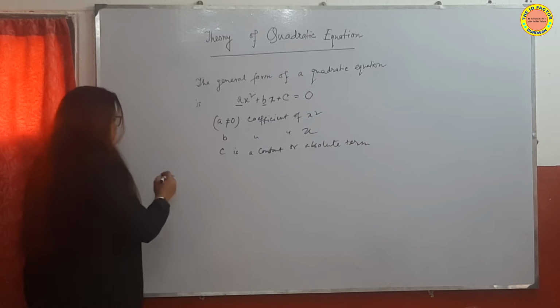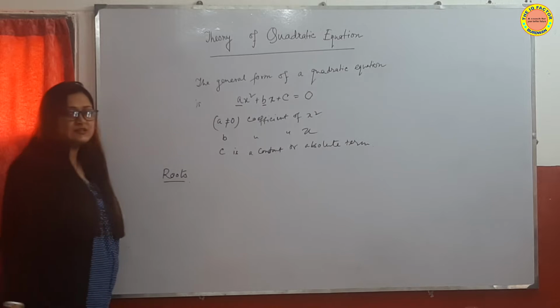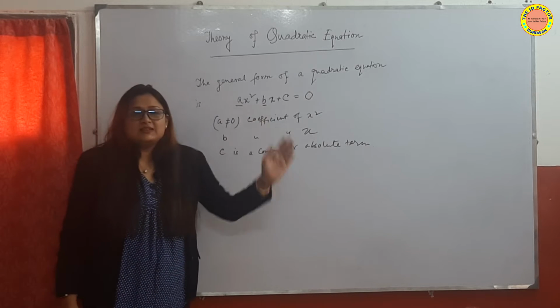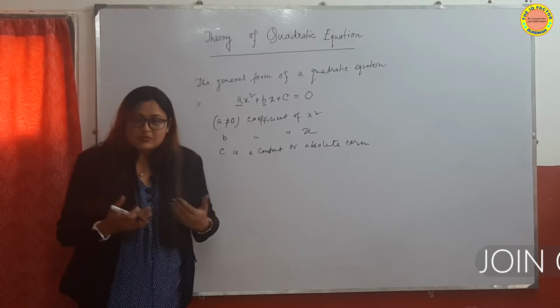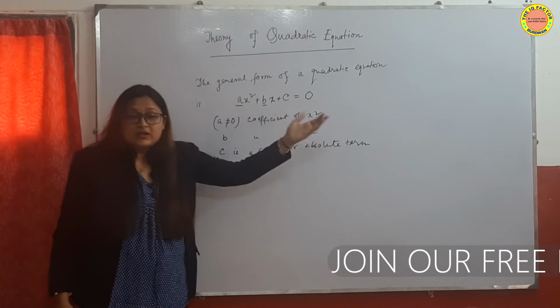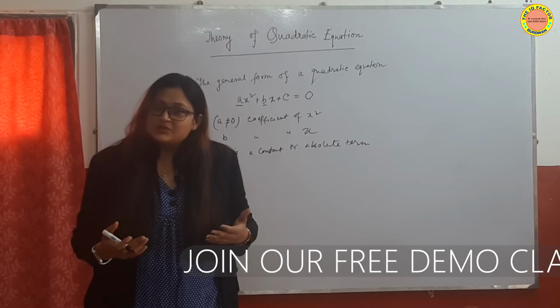Now we will discuss about the roots of that equation. So if the equation is of degree 2, the number of roots will be 2. If the degree of the equation is 3, how many roots are there? 3 roots are there.